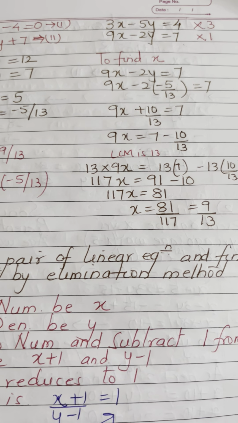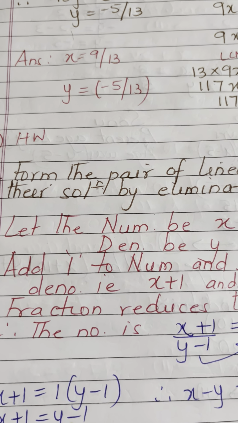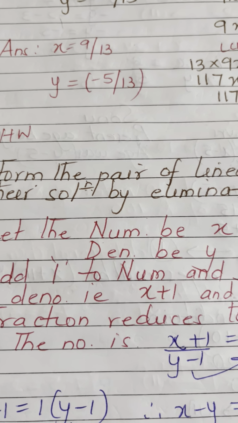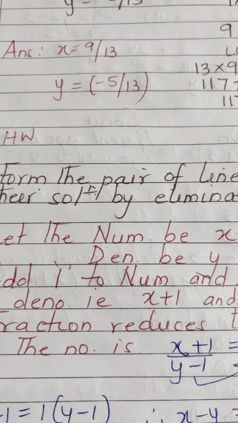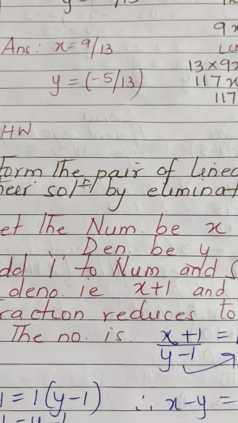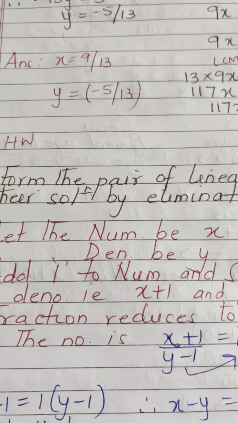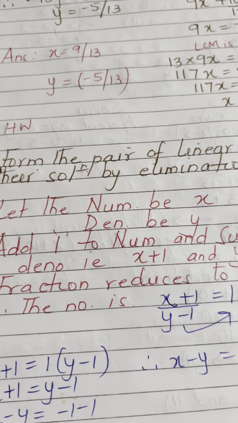Okay. Now I am going to question number 2. Very, very important. First I will read the question for you. If we add 1 to the numerator and subtract 1 from the denominator, a fraction reduces to 1. I hope you know what is numerator and what is denominator.